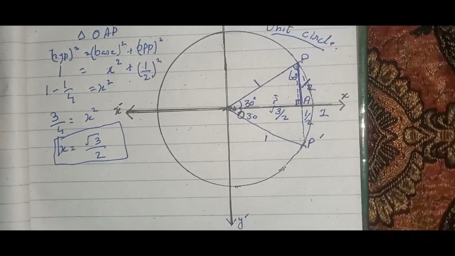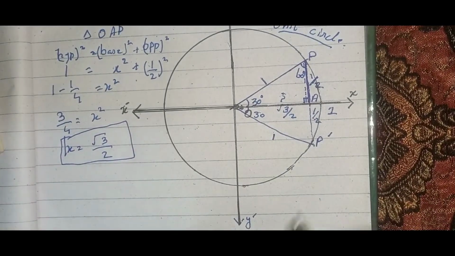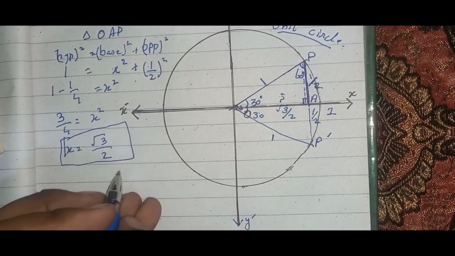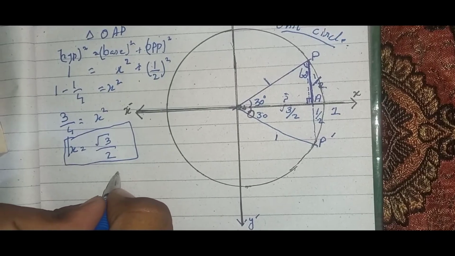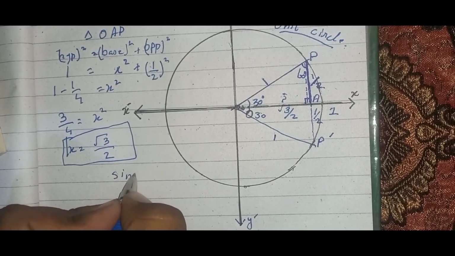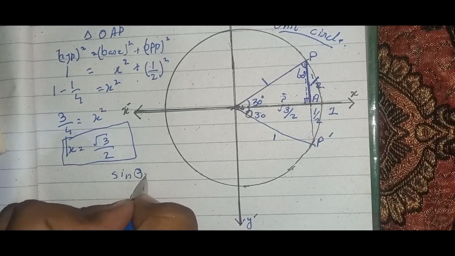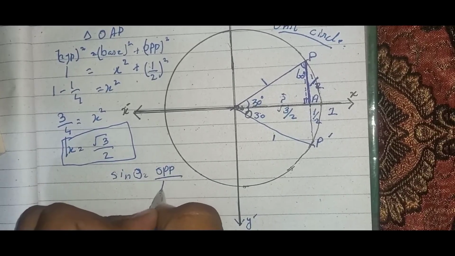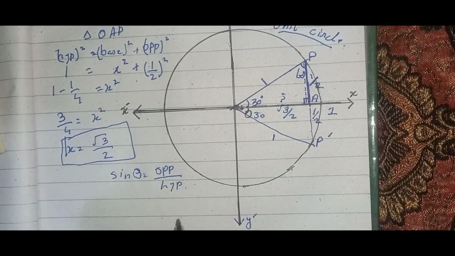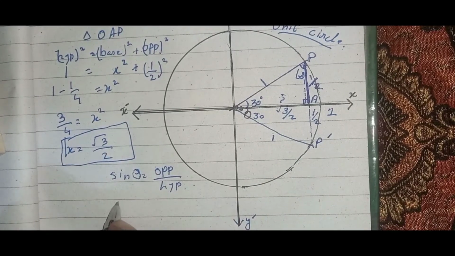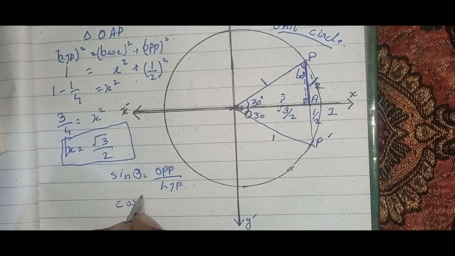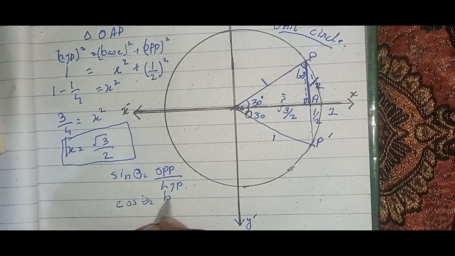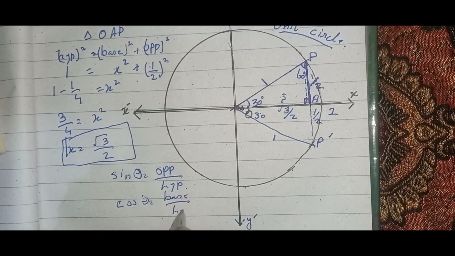So now we have the values. Now substituting the values in the ratio sin theta, which is equal to opposite divided by hypotenuse. Similarly we find the value of cos theta, which is equal to base over hypotenuse.